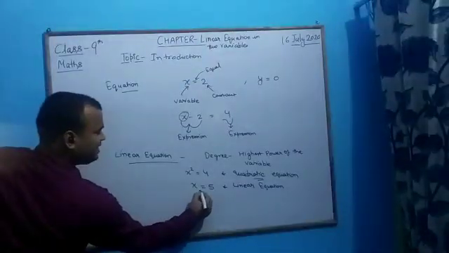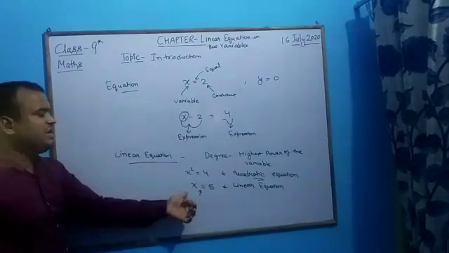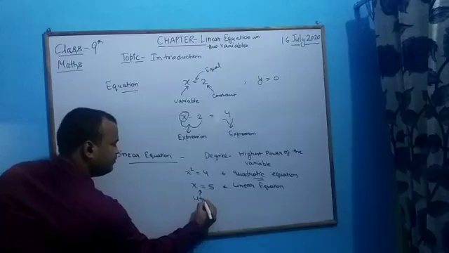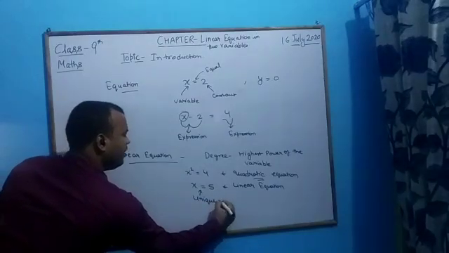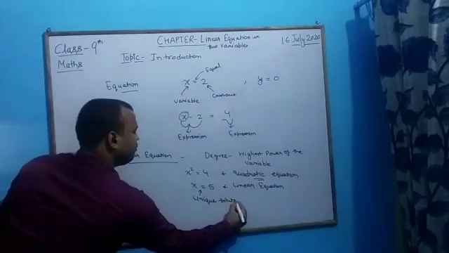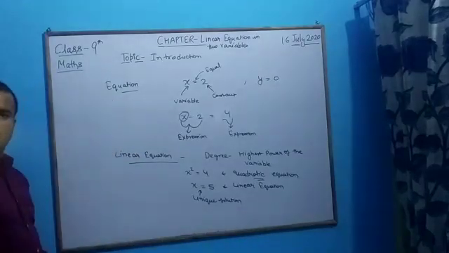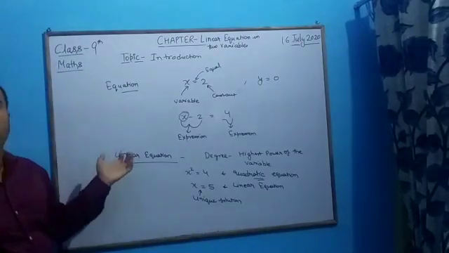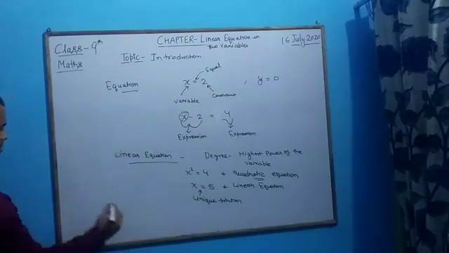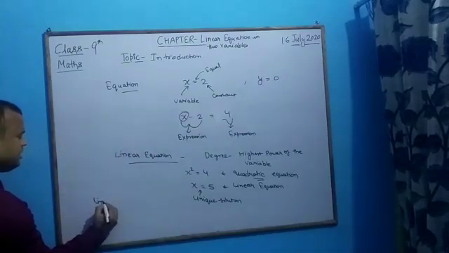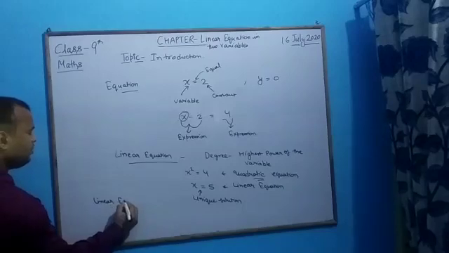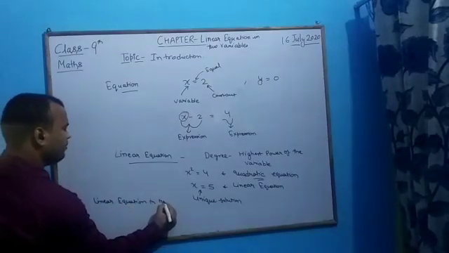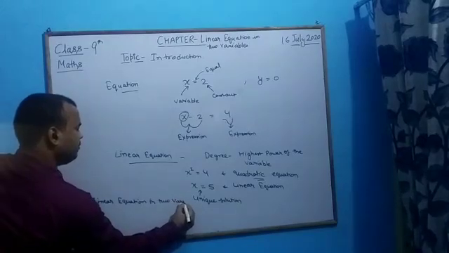Here we can see that the linear equation in one variable has only a unique solution, that x is equal to 5. Now when we talk about linear equation in two variables, let us write it out.